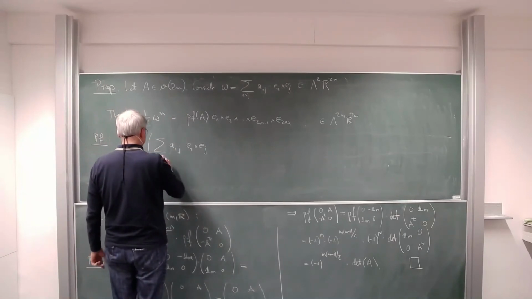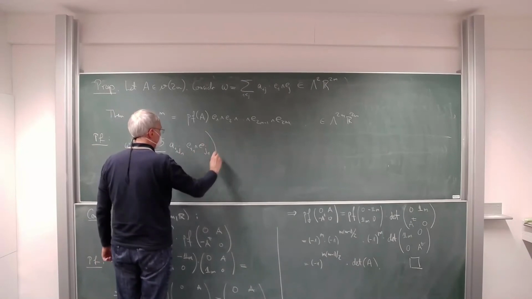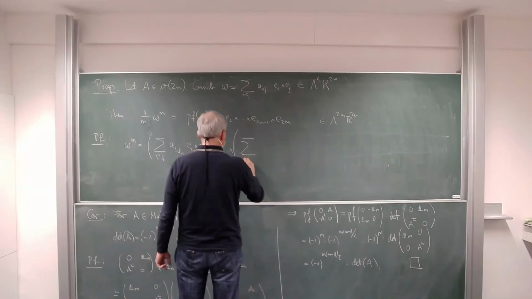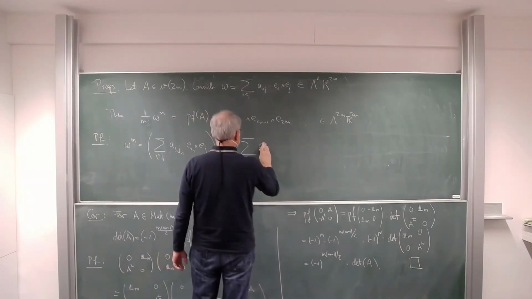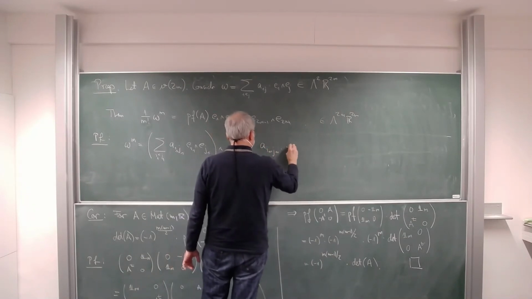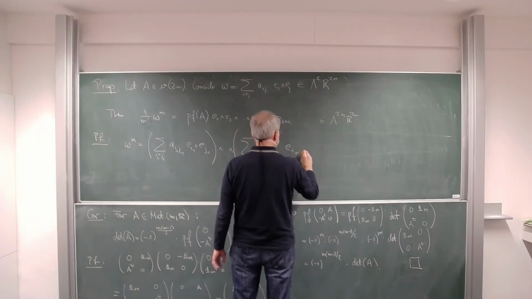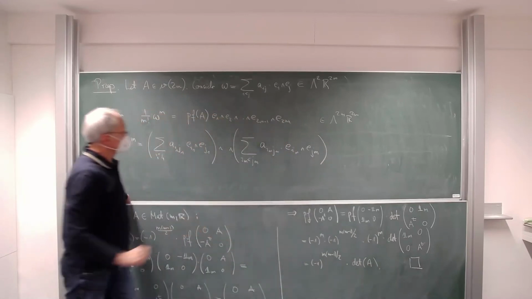Similarly, the sum over i_n less than j_n, a_{i_n j_n} e_{i_n} wedge e_{j_n}. That's what we have.